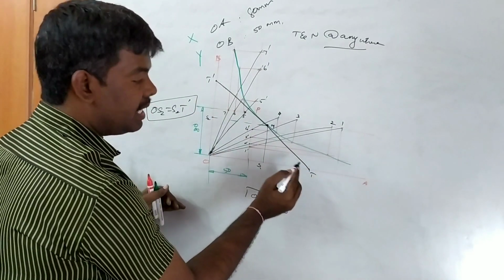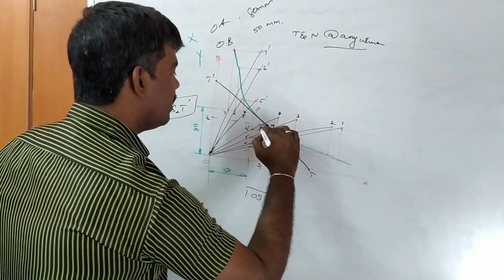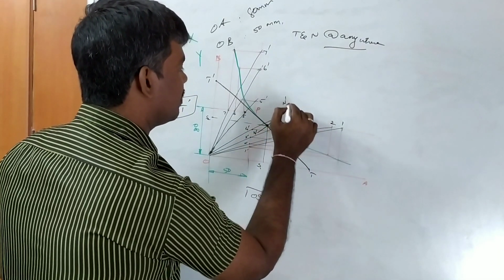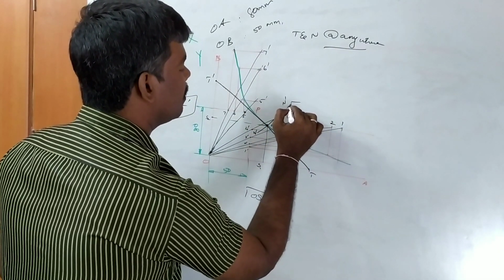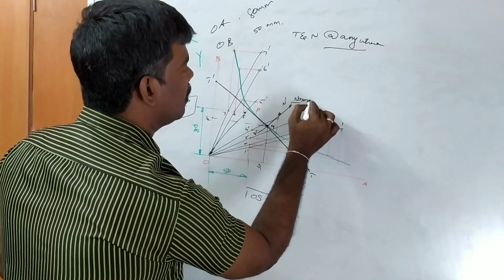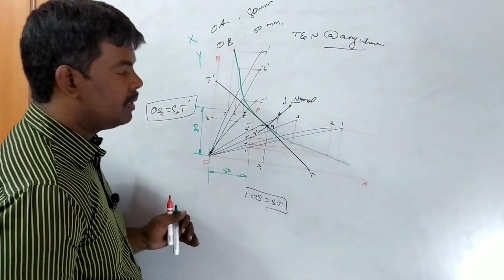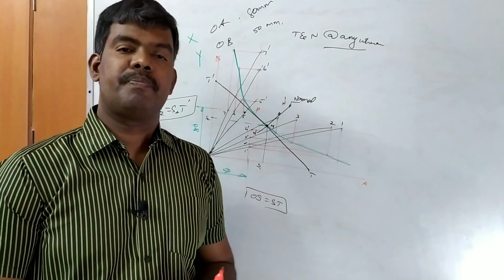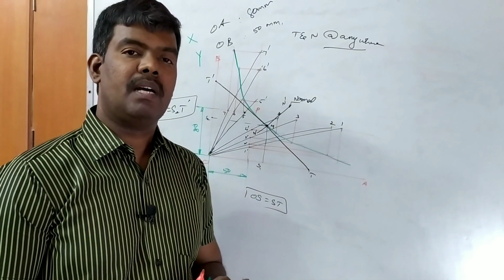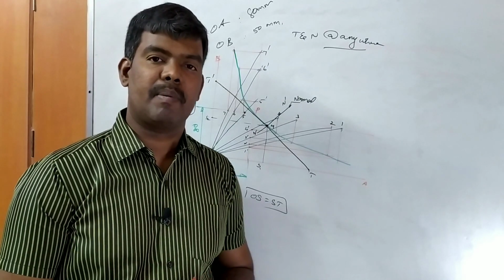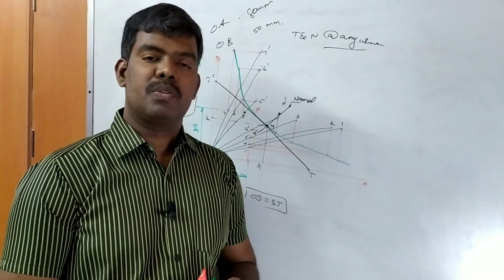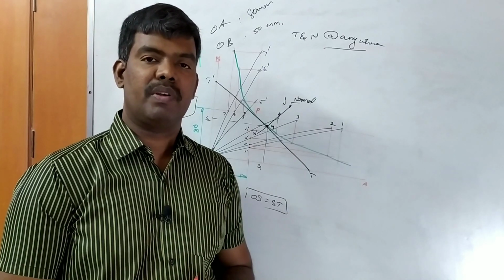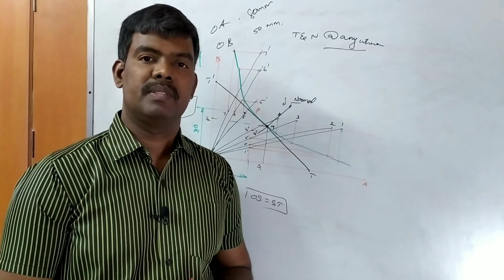After getting the tangent T dash, the line perpendicular to the tangent is the normal N dash. That's all. Students, this is the method of constructing a rectangular hyperbola. I hope all of you understand. In the next video we go on to other curves. Thank you.